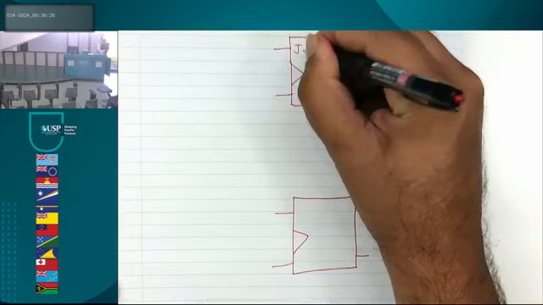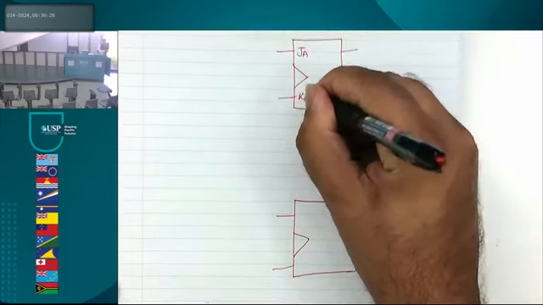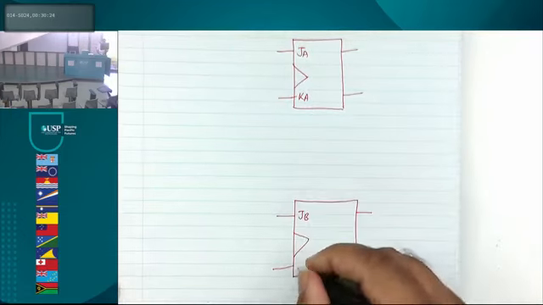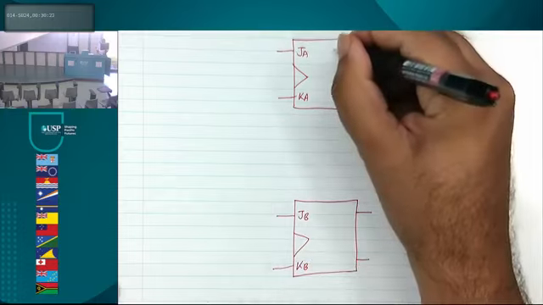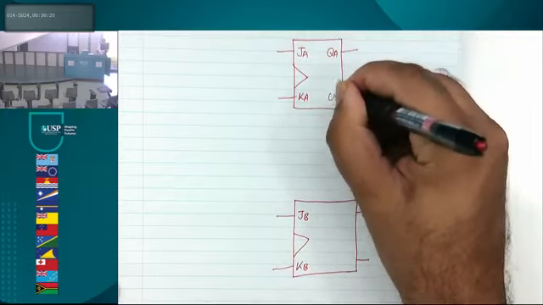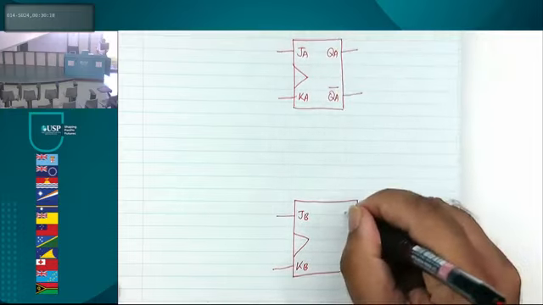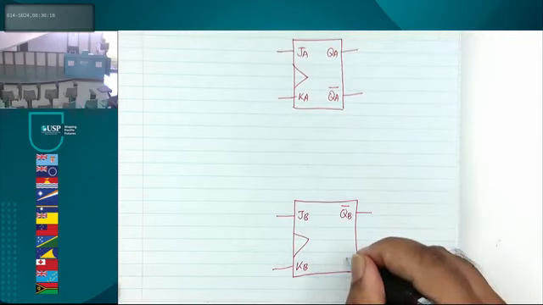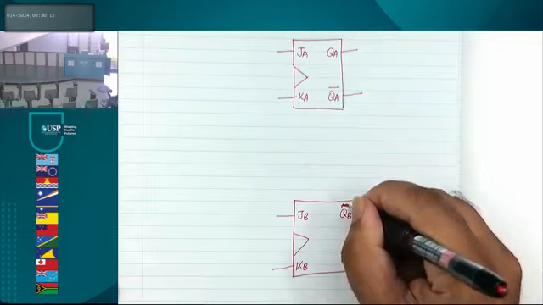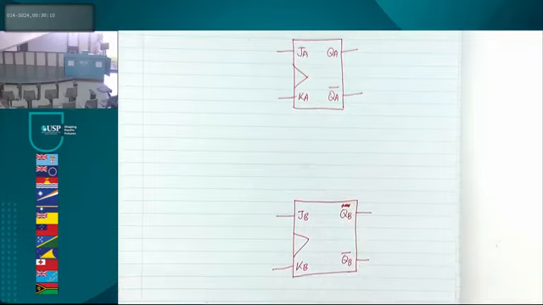So, JA, KA, JB, KB, QA, QA bar, QB, QB bar. Sorry, there's no bar over there. QB, QB bar. All right?